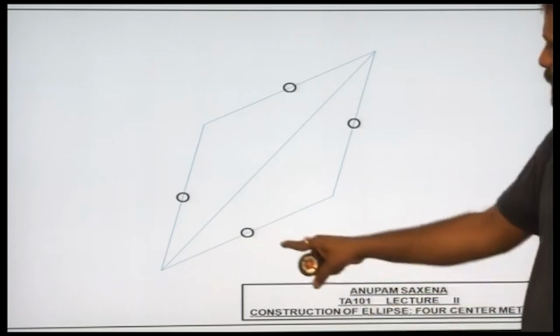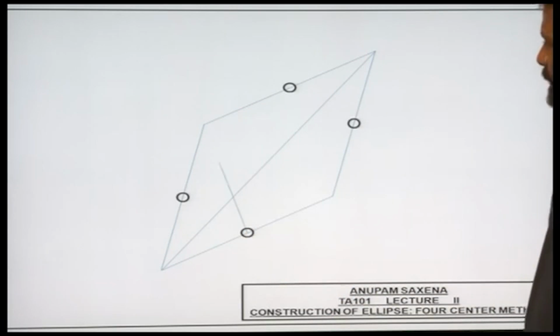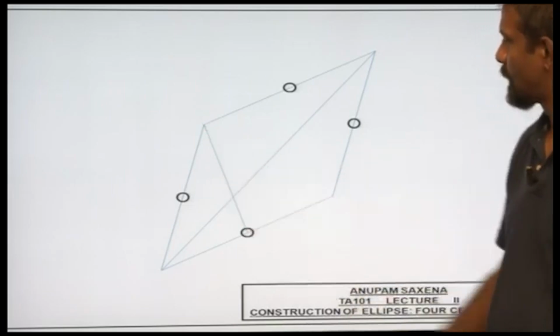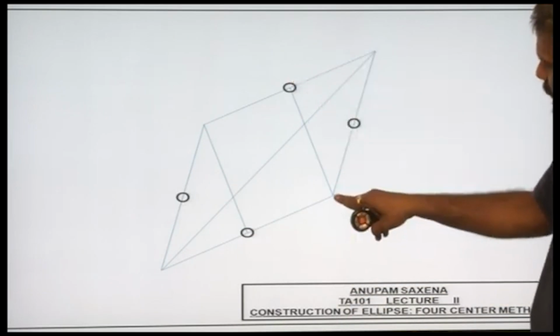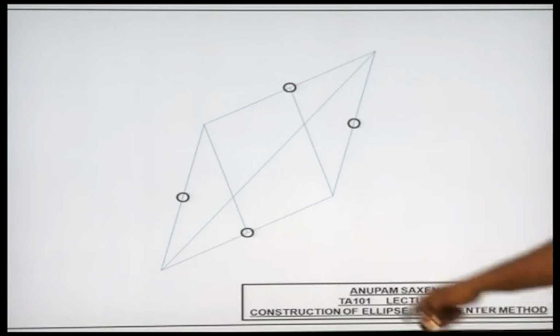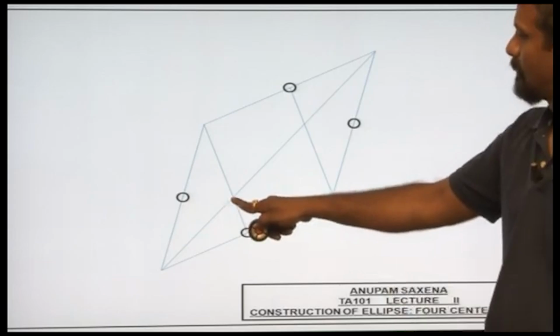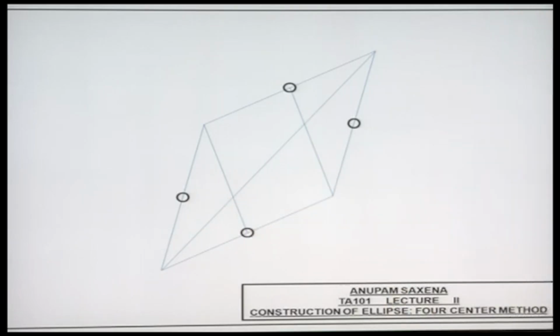Now, look at this point, go to the opposite vertex, join this point with this vertex, and likewise look at this point, look at the opposite vertex, join this point with this vertex. So, you will essentially have this as one of the centers, this as one of the centers, and 2 more centers. Let me call this center C1.